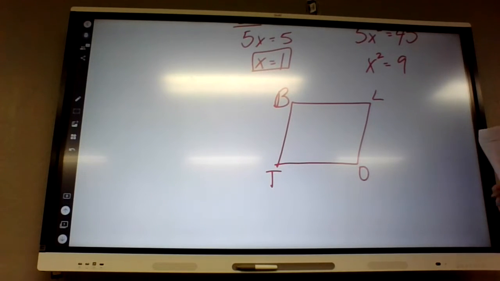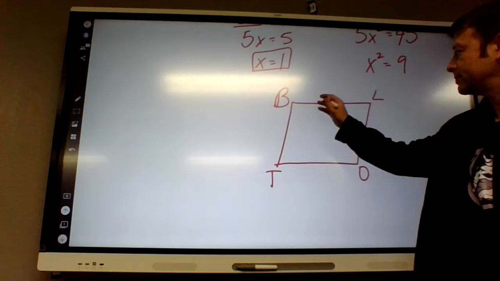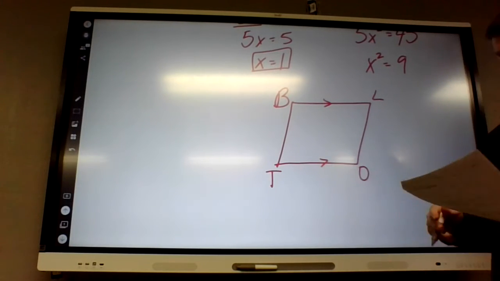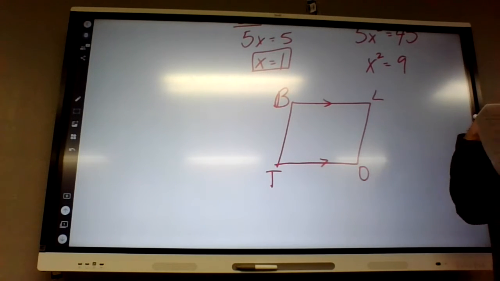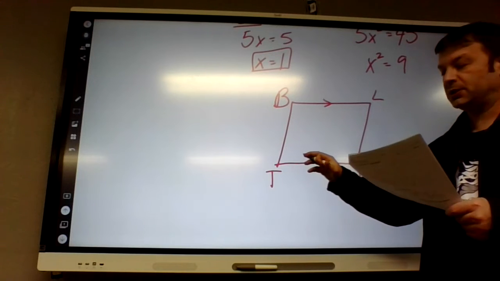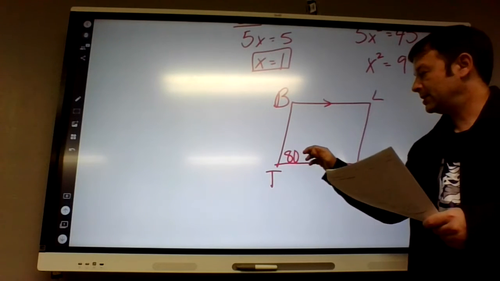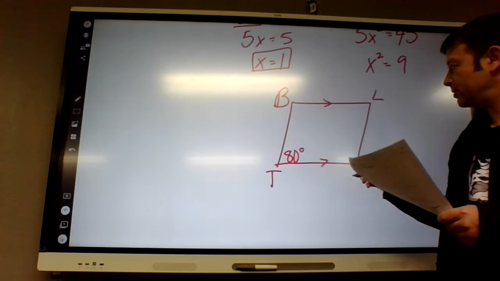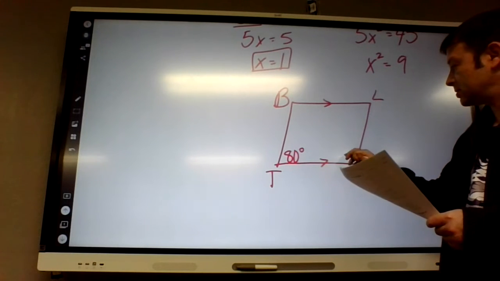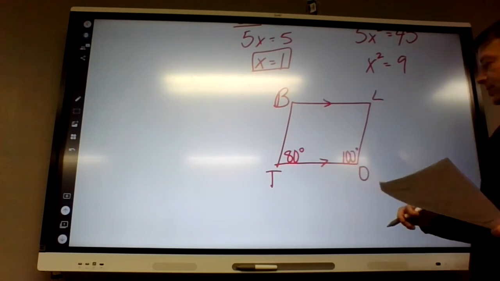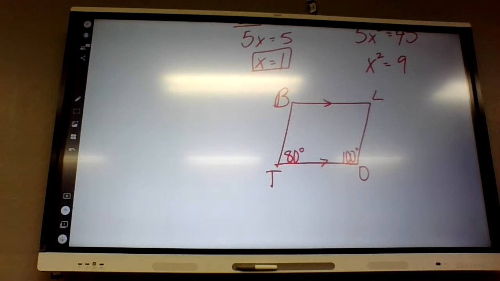Okay, it says BL and TO are parallel. And then it says angle BTO, angle T down here, is 80, and angle LOT is 100. My picture actually looks about right.